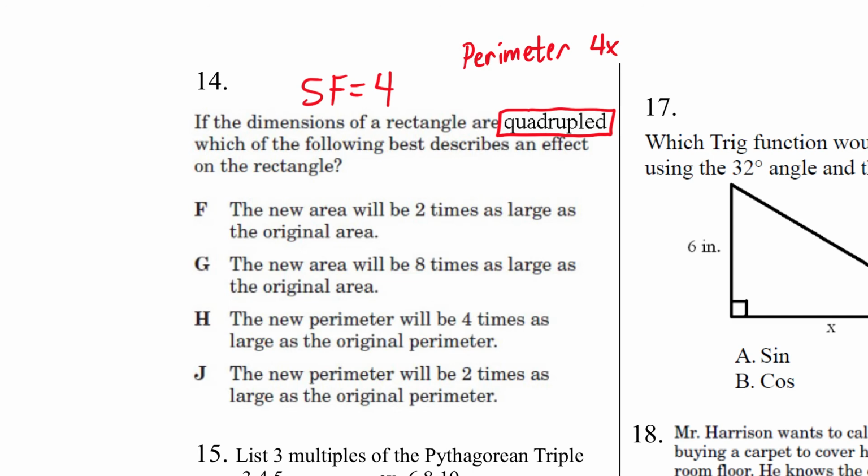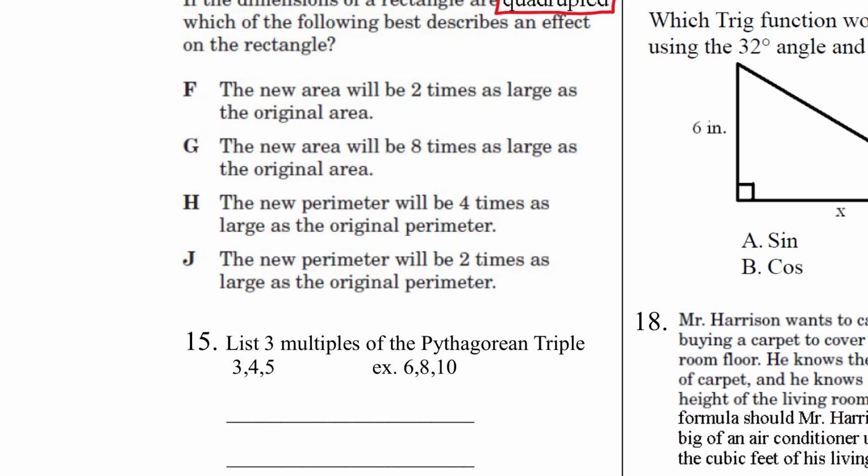The perimeter is affected by the same thing as the scale factor. Now the area is where you square the scale factor. So the area is actually going to be 16 times more. That gives you your answer right there directly. I'll let you read through those to figure that out.